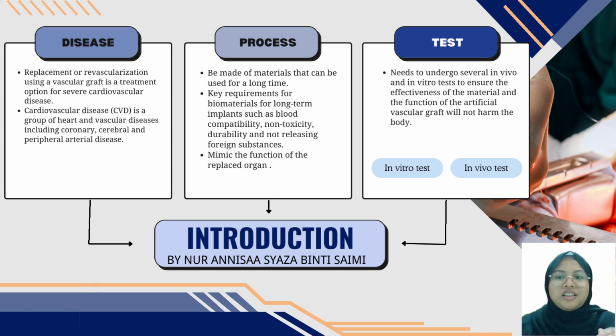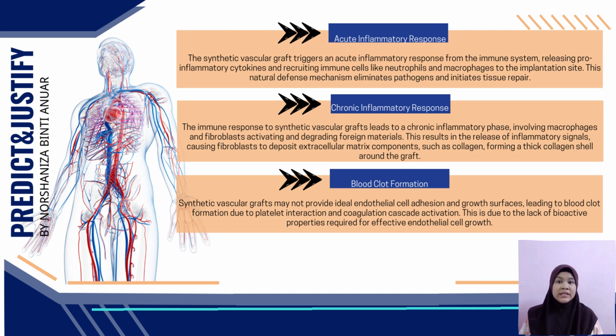Before using it, it has to undergo in vivo and in vitro tests to ensure the effectiveness of the material. The implantation of a synthetic material like a polymer-based vascular graft in the body triggers an immune system response. The acute inflammatory response involves the release of pro-inflammatory cytokines, recruiting immune cells like neutrophils and macrophages to the site.